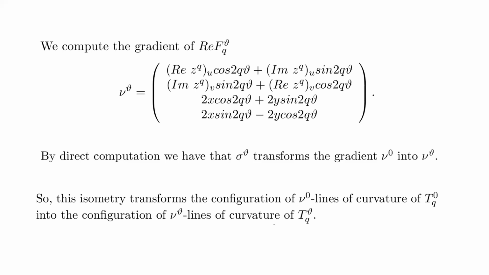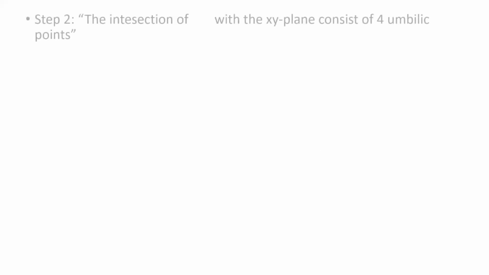So we only need to describe the lines of curvature for T0 for the real part, and you obtain the description of the lines of curvature on the whole links. How to describe the intersection of T0Q with the XY plane, which consists of 4 umbilics? How to prove that?